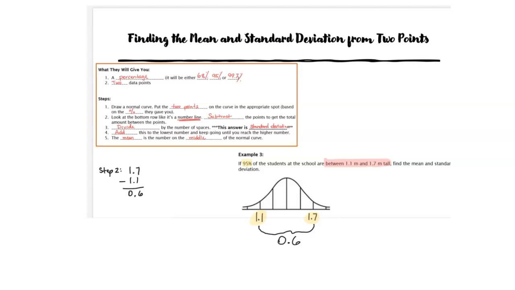Well, that helps us somewhat. But what we need to do is figure out, well, how far apart is each of our little intervals? So to do that, we're going to go to step number 3. Divide by the number of spaces. And this number that we're about to get is going to be our standard deviation. So the distance between 1.1 and 1.7 was 0.6.